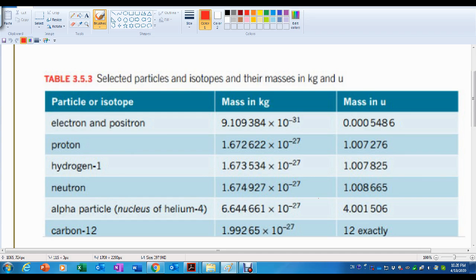But actually they are not the same. Neutrons are a bit heavier than protons, right? So when you compare up to the 4th decimal place, they are different.